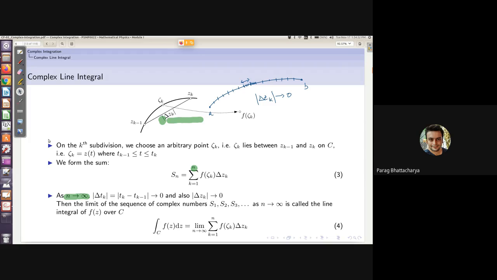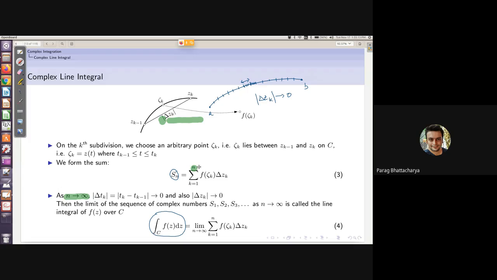Okay, so when that happens, this sum becomes something called the line integral. We take a finite number of such intervals and we add the sum of f of zeta k into delta zk. N is finite.